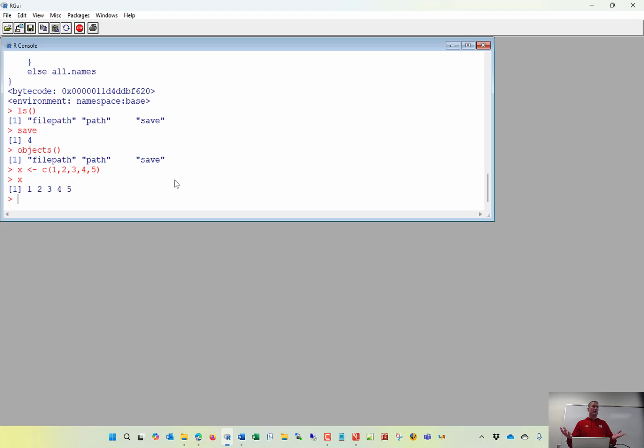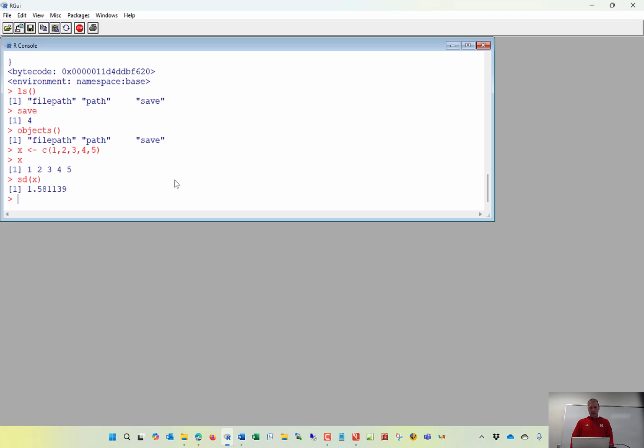So now let's write a function that calculates the standard deviation. Well, first, let me just show you that indeed there is a function called SD out there that calculates the standard deviation. But I want to write my own function, so I'm going to call it SD2. SD2 gets, and I need to tell R I have a function. So I say function. And then in parentheses, I say, well, what kind of information would I want to pass into the function? Well, like the data that I want to do the calculations on.